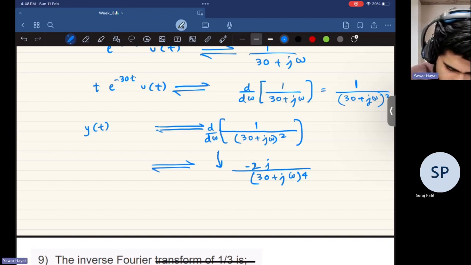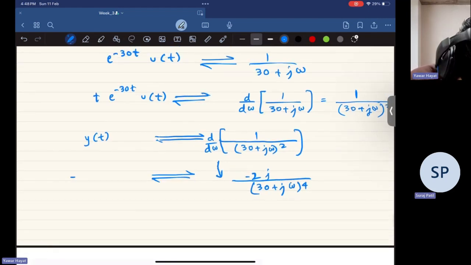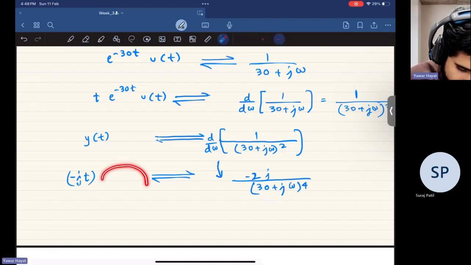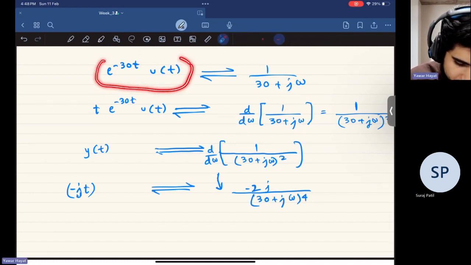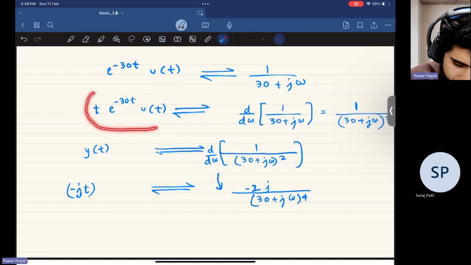This is nothing but taking the derivative of the denominator, numerator times denominator, because the differentiation of the numerator would anyway be 0. What would this be now? This would be minus jt times which function should I use here? Should I use this function or this function?